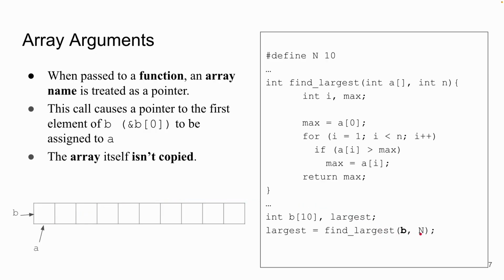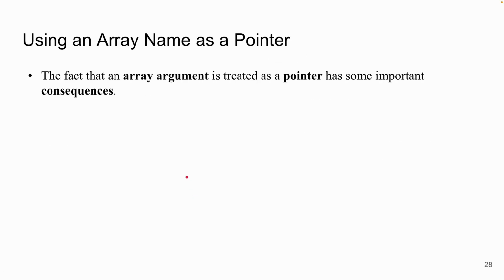So you can see in this case the contents of the array are not copied. What we copied is the address of B0. We just make A point to the B array. So in here you can see that C actually treats the array argument as a pointer. We can use this fact to do the following things.